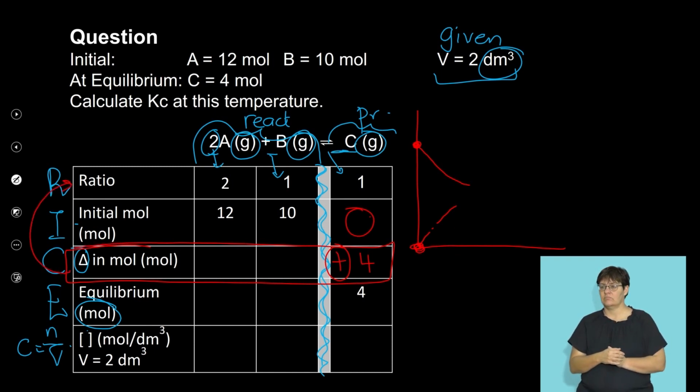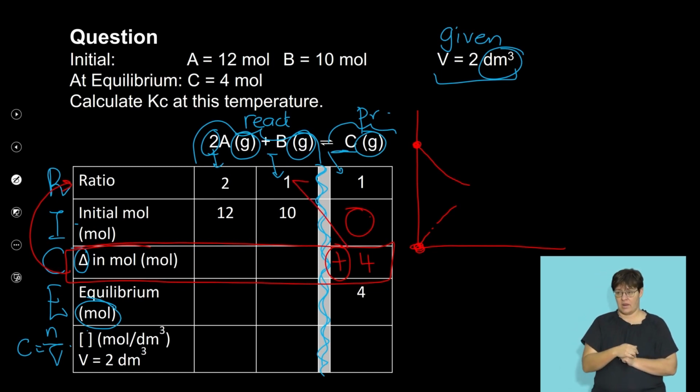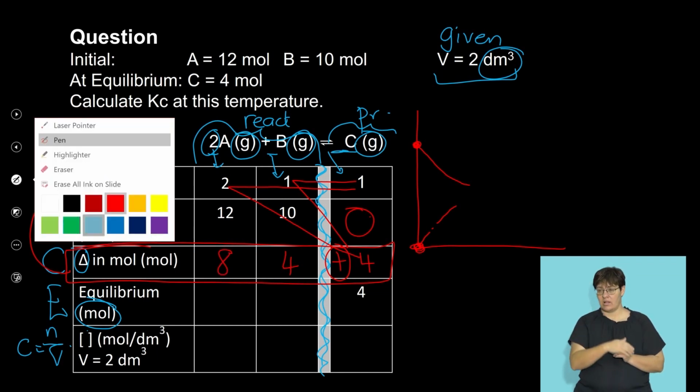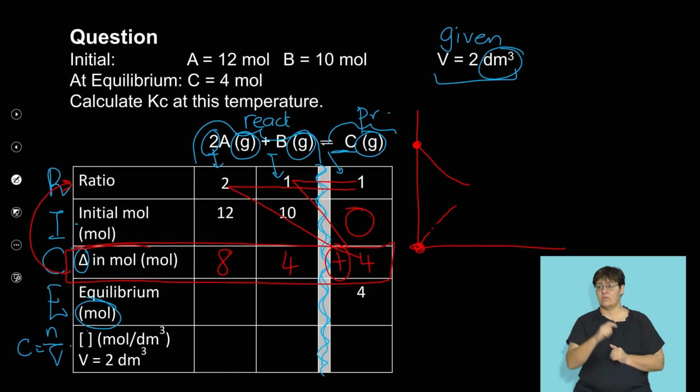So we can now say, to have the same ratio, 4 times 1 divided by 1, which means there is 4 of my B. We can work out in ratio how many moles of A, which is 4 times 2 divided by 1, which is 8. But now we know that we actually used up our reactants, so we put a negative there and subtract.